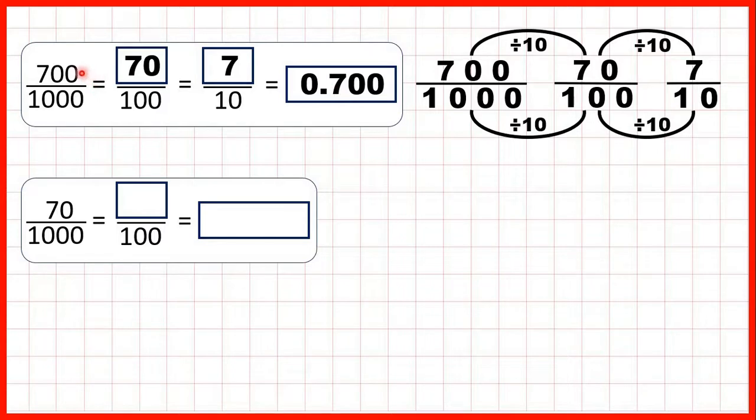But remember, 700 thousandths is the same as 70 hundredths, and we can write that as 0.70. The denominator of 100 tells us that we can use place values up to the hundredths place, so we have 2 digits after the decimal point, and we have 70, so the 7 gets shifted over to the tenths. But that's equivalent to 7/10, which we just write as 0.7.